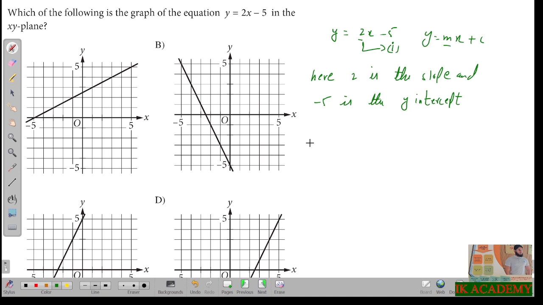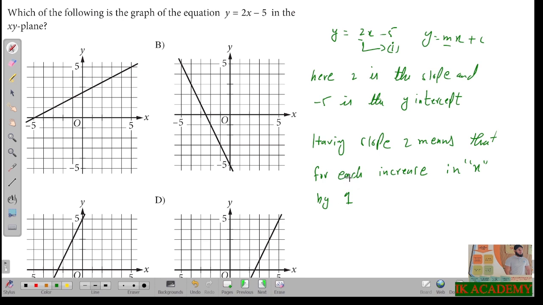Having slope 2 means that for each increase in x by 1, if we increase x by 1, we'll get an increase in y by 2.